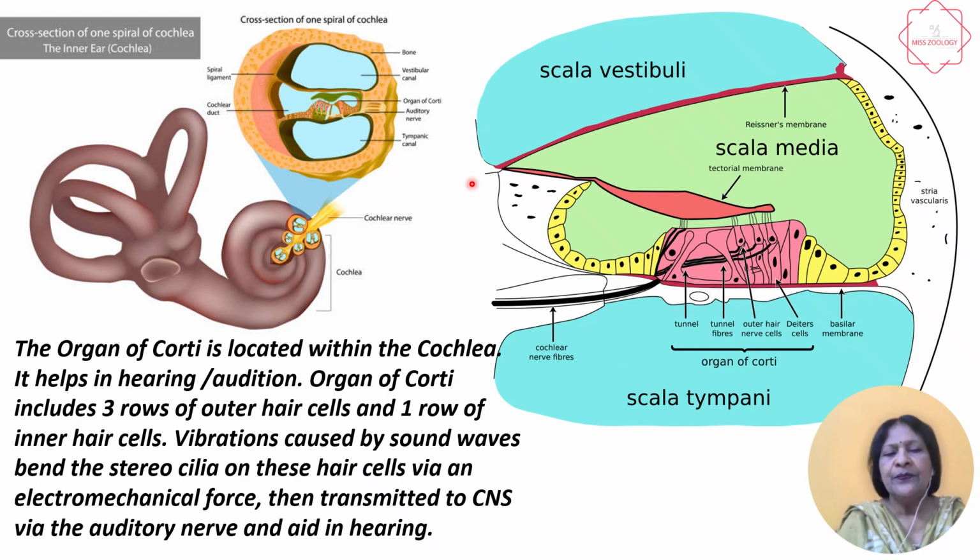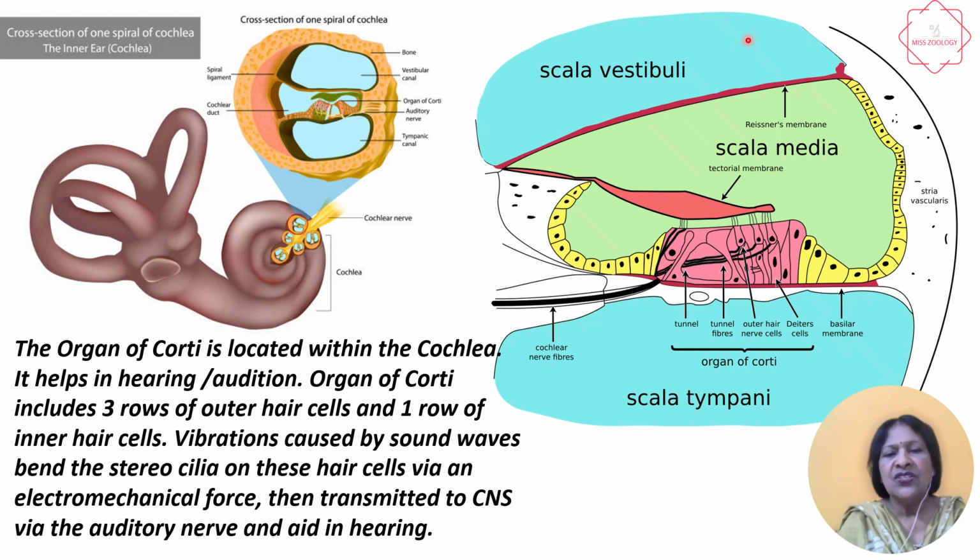Now let's see, when the sound is moving from the fenestra ovalis or the oval window, which gets the vibrations transmitted by the stapes, it enters into the perilymph of the scala vestibuli.